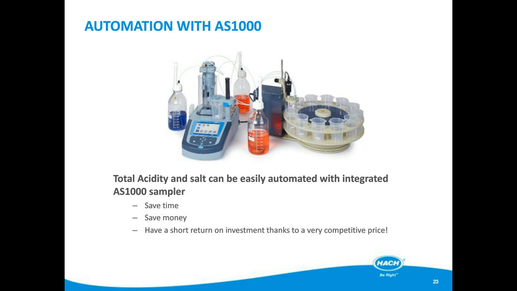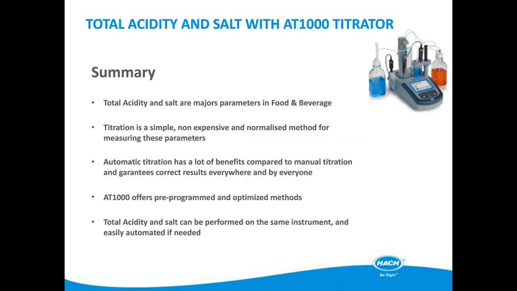So, in summary, total acidity and salt are measured parameters in food and beverage. Titration is a simple, non-expensive, and normalized method for measuring these parameters. Automatic titration has a lot of benefits compared to manual titration and guarantees correct results everywhere and by everyone.